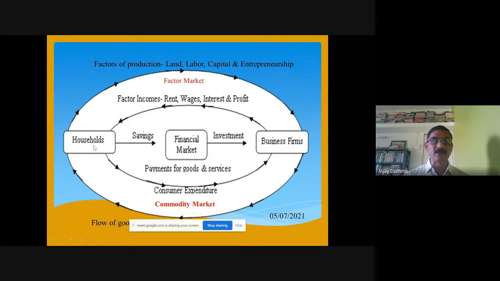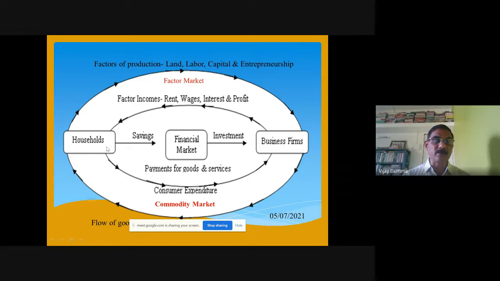The household sector supplies the services of factors of production like land, labor, capital, and entrepreneurial skill to the business firm sector, shown by arrows.